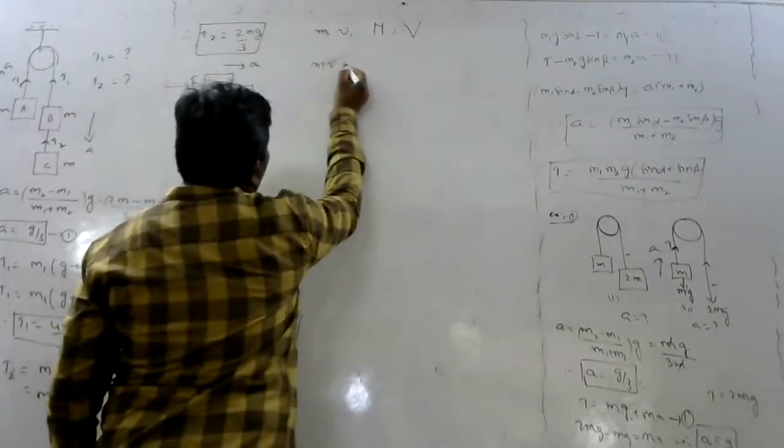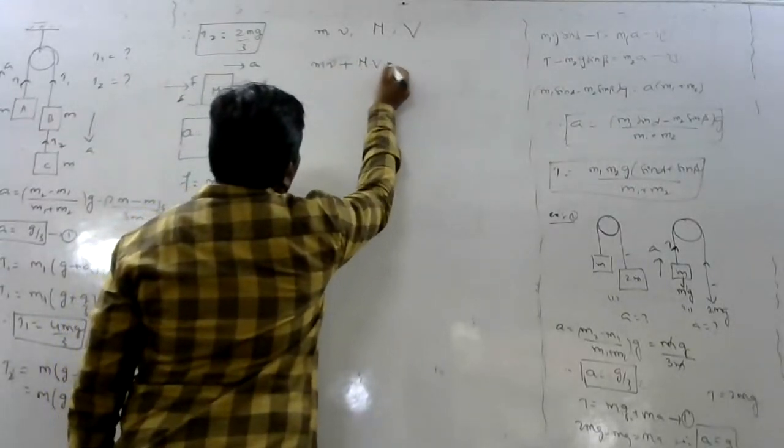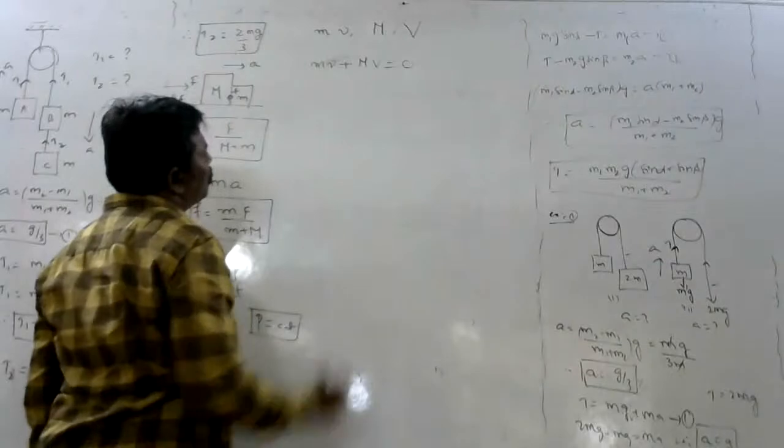So small mv plus capital MV is equal to zero.